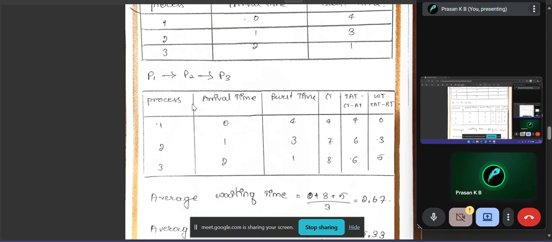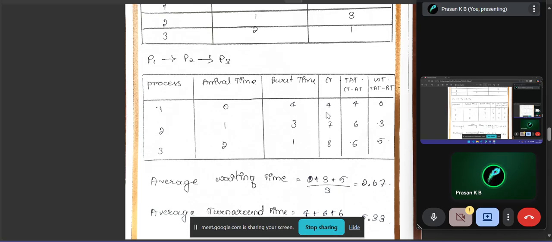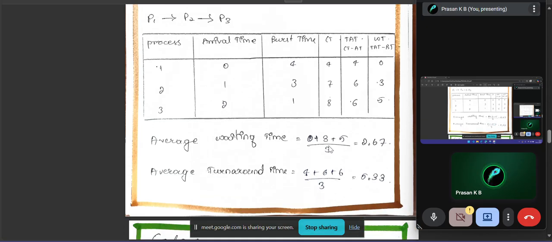For processes 1, 2, 3, the arrival times are 0, 1, 2. Burst times are 4, 3, 1, and CT is equal to 4. Next for process 2 it is 7 and for process 3 it is 8. We will calculate the average waiting time and average turnaround time with the TAT.